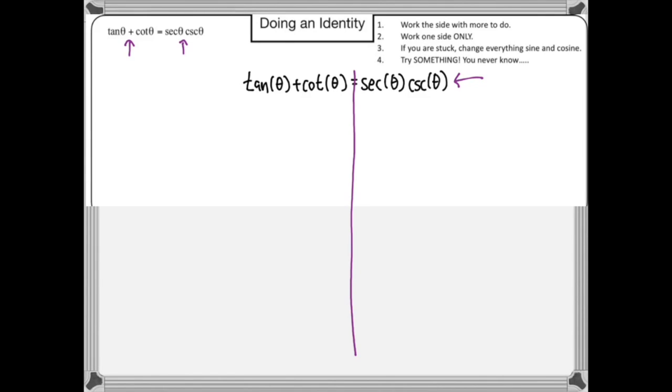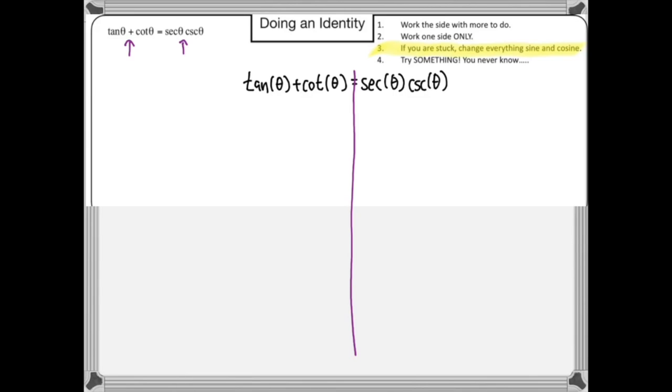So let's go ahead and pick the left-hand side for giggles and see what happens here. Now, we also want to take a look at rule number 3: if you are stuck, change everything to sine and cosine. And in this example, we probably want to do that because there's just not a whole lot to do.